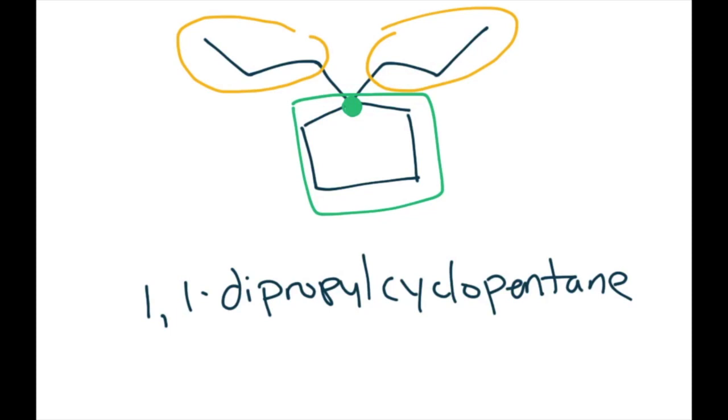So even though it's 1, 1 dipropyl, you have to put both numbers, because if you just don't put any numbers, you don't know where those groups are relative to each other. It could be 1, 2, or 1, 3. You have to make sure you put numbers as soon as you get above one substituent.